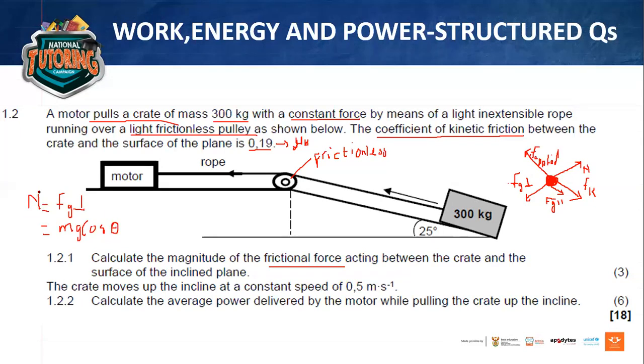So we must remember when we see the normal, it's equal to Fg perpendicular, and that will then be equal to mg multiplied by the cos of theta. So let us go to our answer. Why are we saying the normal is equal to Fg perpendicular? Because my object is not bouncing perpendicular to the incline, up or down. So this force and this force must be equal. Then if you understand that, it becomes easy.